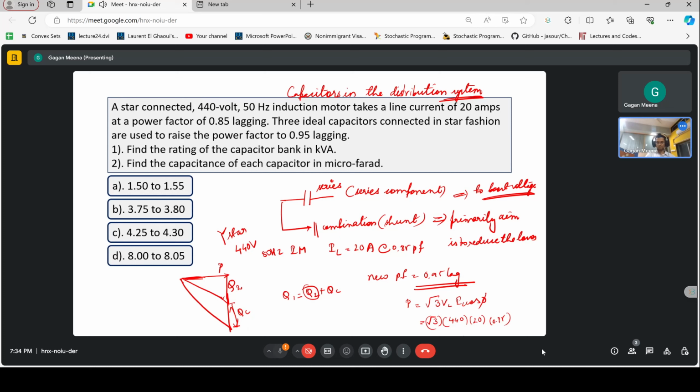Similarly here also you can find QC will be Q1, P tan phi 1, minus P tan phi 2. This is P load and this is Q load.